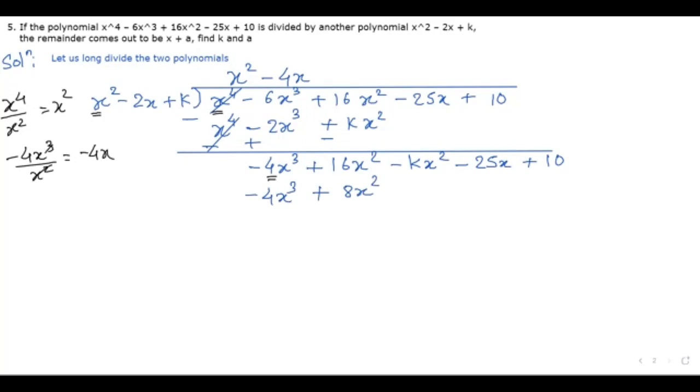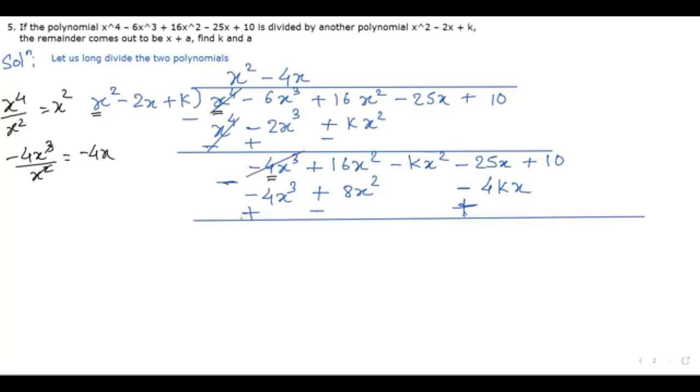Minus 4x into k is minus 4kx, an x term, it is below minus 25. Minus 4k into x. Because of the minus, minus becomes plus, plus becomes minus, minus becomes plus. Let me draw a line.